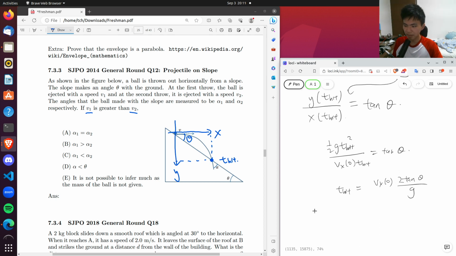So we see that t hit as a function of vx naught is linear. This curly sign means proportional.